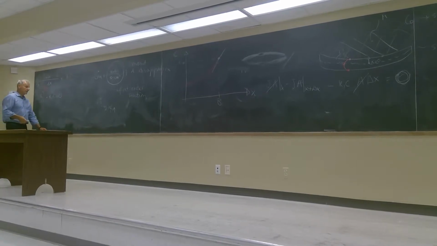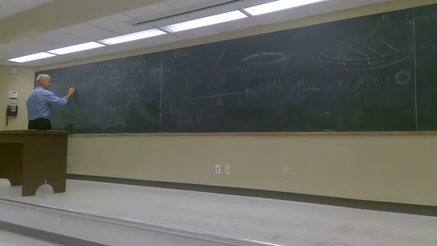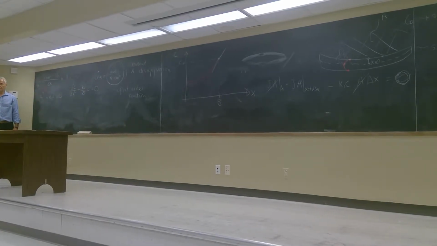So when we do that, we have d squared c dx squared minus k1 over delta times c equal to 0. And that will be our differential equation.